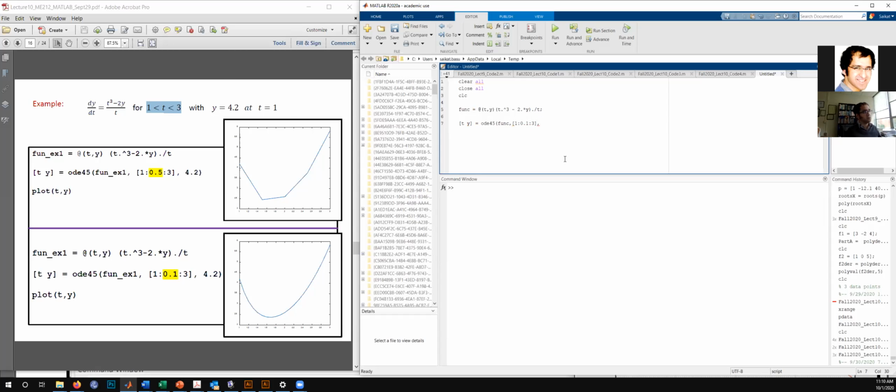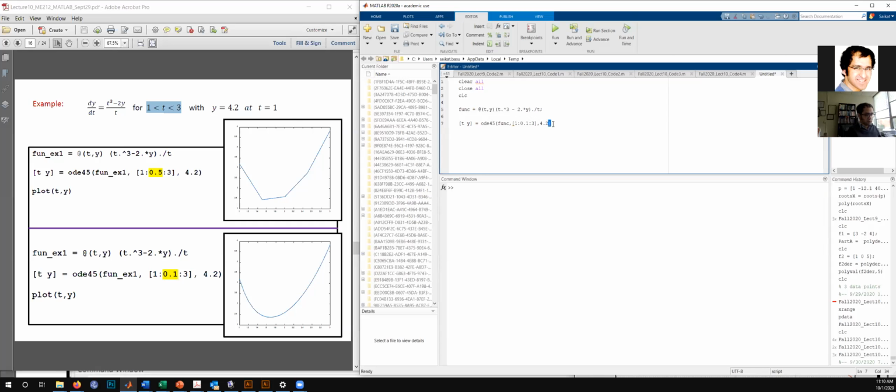If they don't, then you need to think a little on that, or if that happens during the test, you need to ask me a question. So at t equal to 1, which is the initial point in this data set, y is 4.2. Just plug that into the syntax. That sets up the solution for ode45.